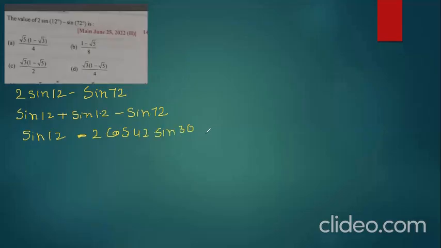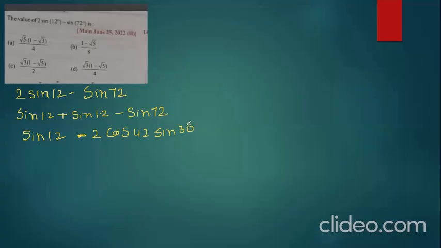Then what do you get? 2 cos of (a plus b) by 2 into sine of (a minus b) by 2. A is 12 minus 72, that is 60, 60 by 2 means 30.